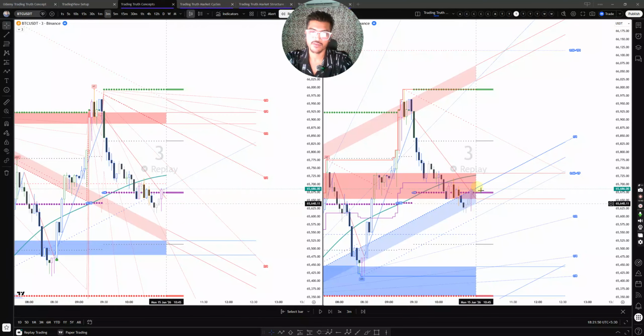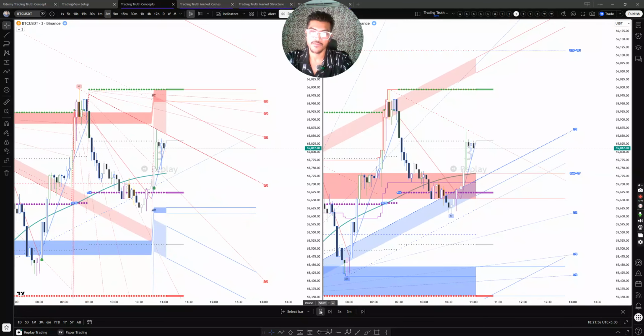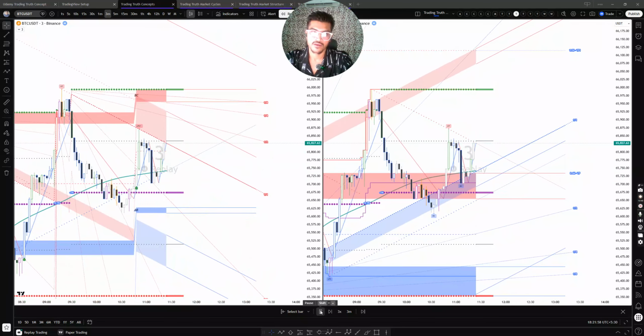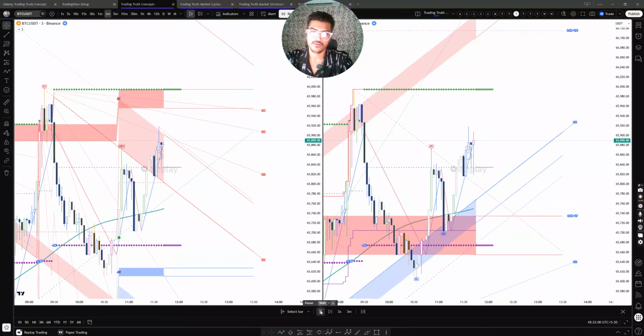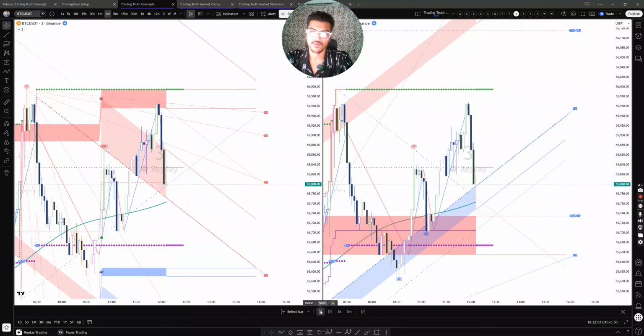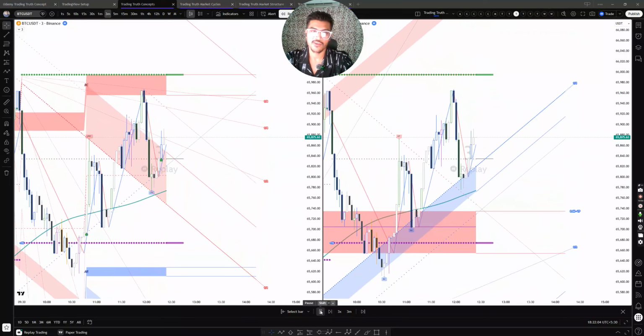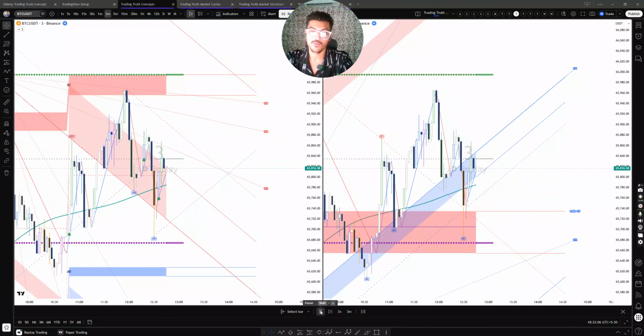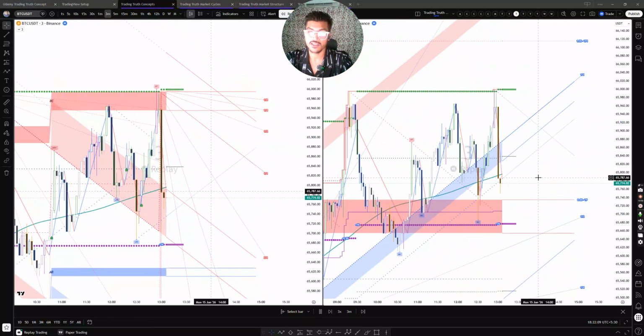Pull back. So you can imagine from here as well, as we get more buying, we can actually take trades. See, there we go, right? So now how the market is moving with these channels.